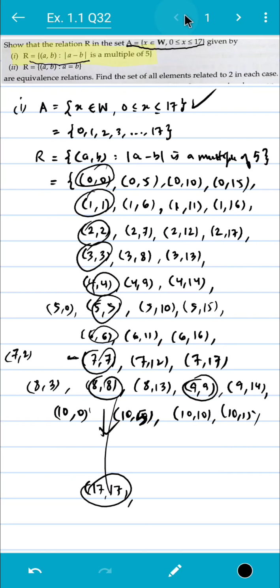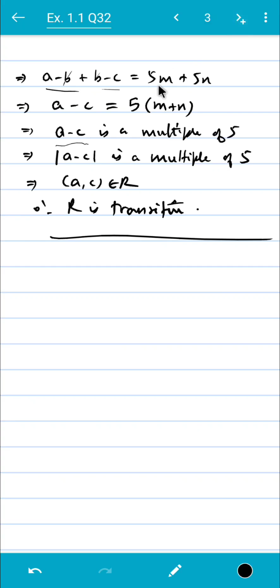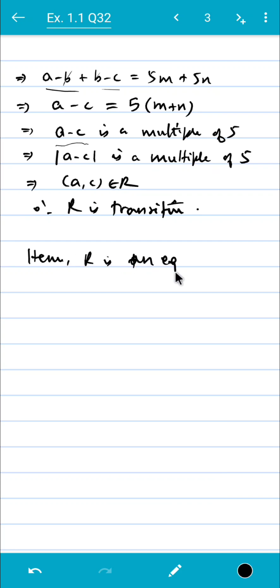Then question number 2. We still have the second part of the question left. We have proved that R is reflexive, symmetric, and transitive, so hence R is an equivalence relation because it is all the 3.